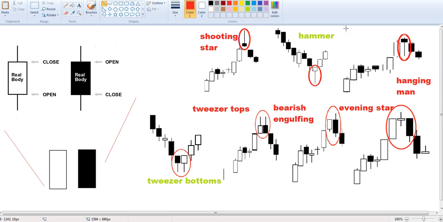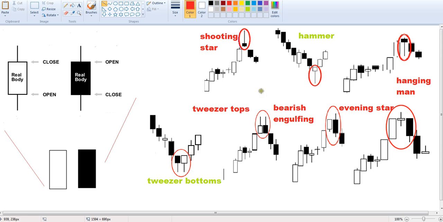So I guess the general theme with hammers, shooting stars, and tweezer tops is that price continued in the direction and quickly got rejected, and then there's this tiny zone of open and close. It's a theme of all four of these.